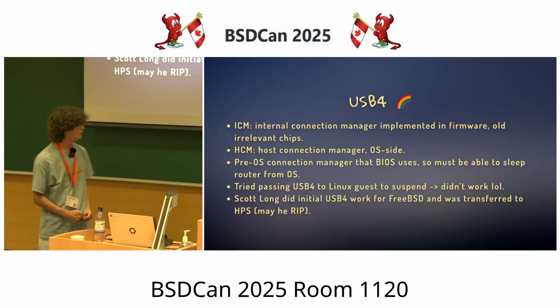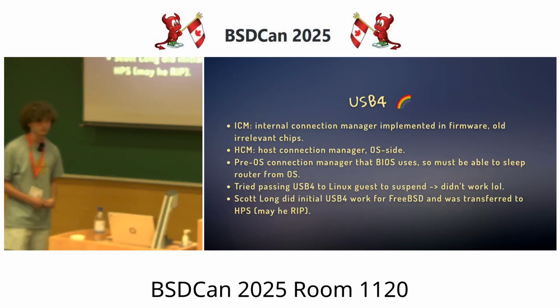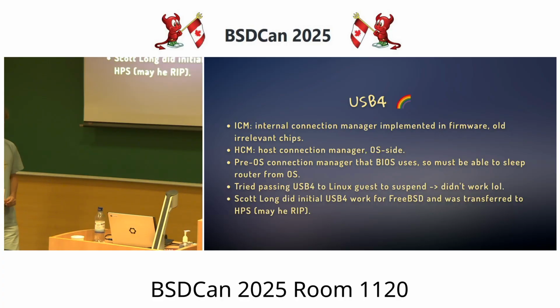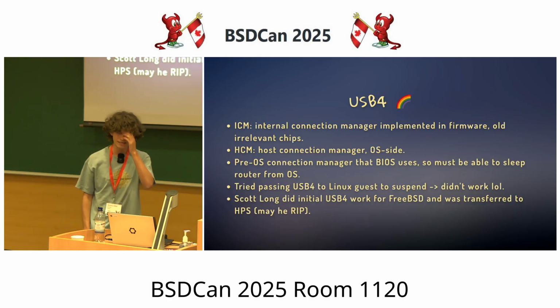Now, I inherited the USB 4 code from Scott Long, who wrote a skeleton of it a while ago. And this was transferred to HPS. And yeah, so I picked this up. I removed the ICM code. ICM is the internal connection manager.